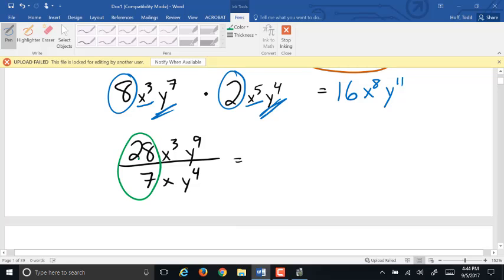What's 28 divided by 7? 4. Then we combine the names. X to the third divided by x? X squared. Good. We think of this as x to the 1. 3 minus 1 is 2. Then we have y to the power of 5. Good. 9 minus 4 is 5.